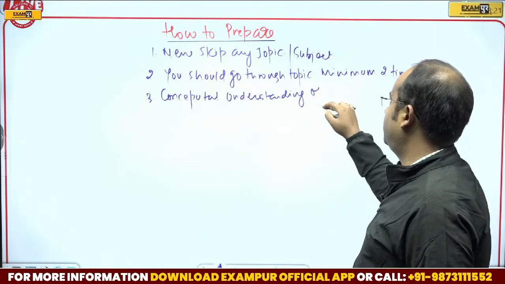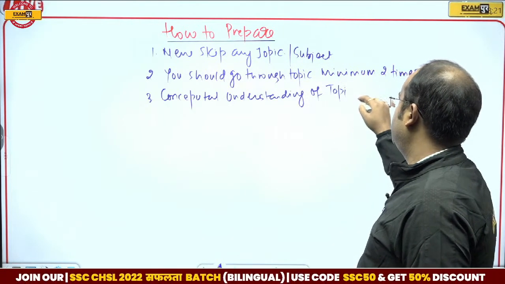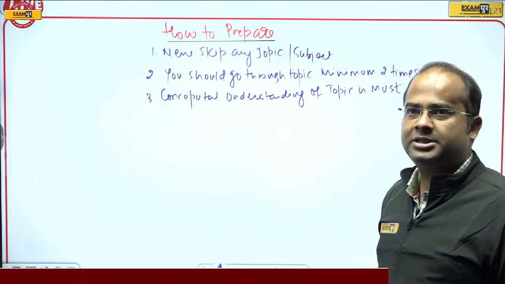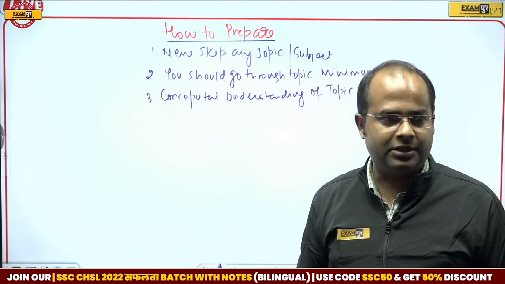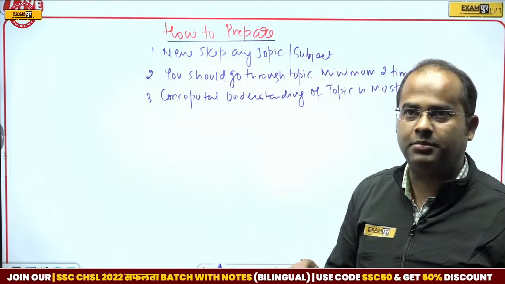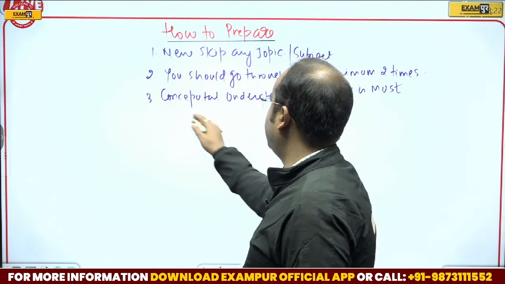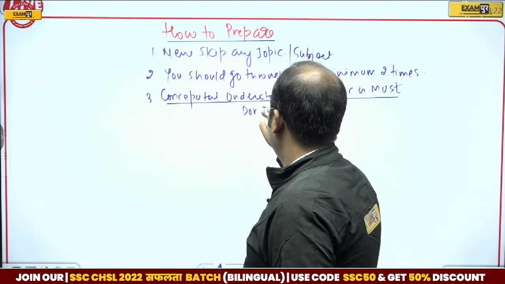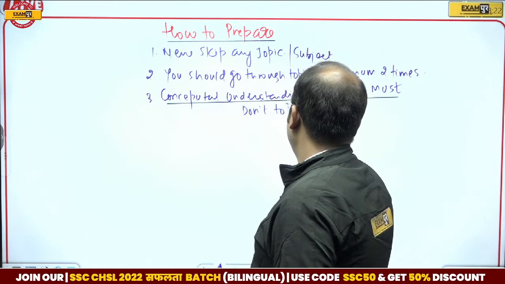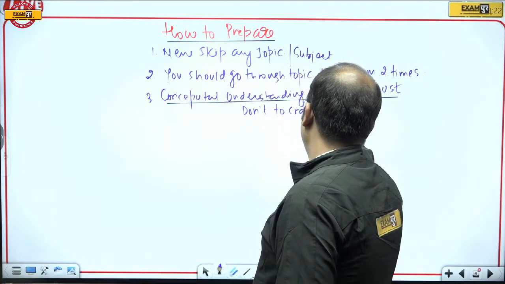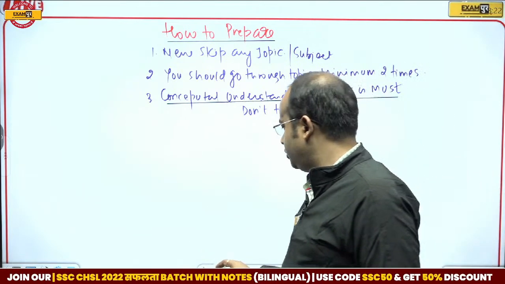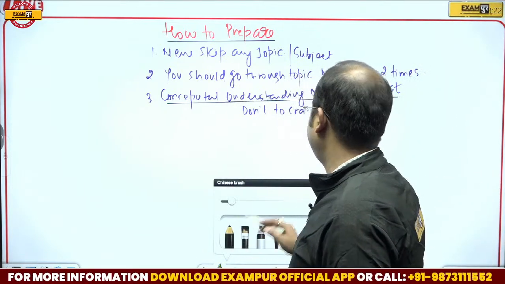Conceptual understanding of the topic is a must. It means that you should not cram things. Do not believe in cramming. Don't read things without any logic and just try to cram them. Don't do the cramming of the topic.